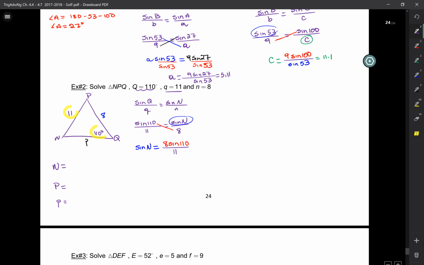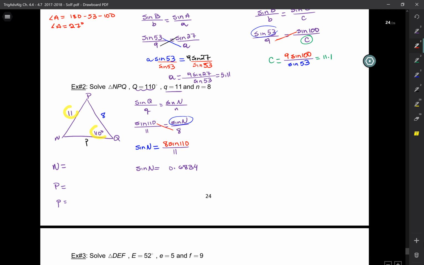The 11. Okay? So now, let's plug that into the calculator here, and we get that sine of N is equal to 0.6834. I'm not doing that in my head. I plugged it into the calculator prior to this. And so now I'm just giving you the solutions. Okay, so this is sine of N is equal to that.